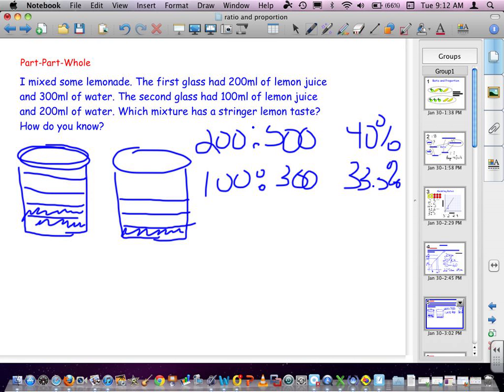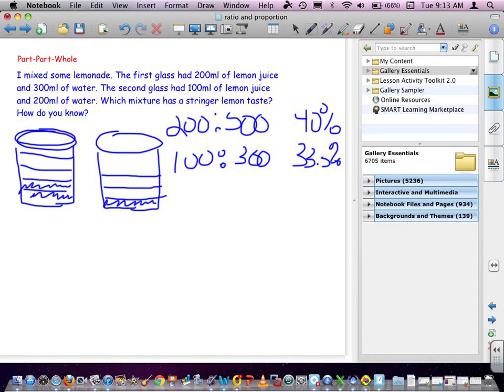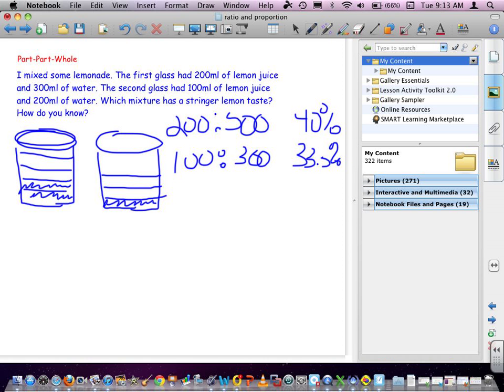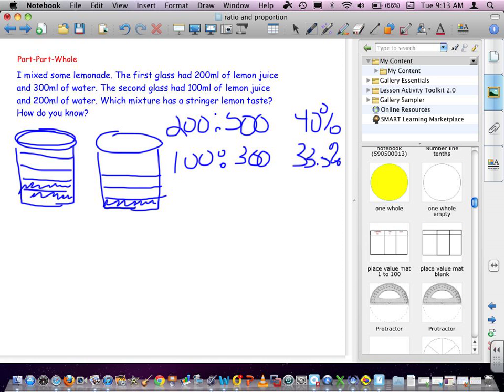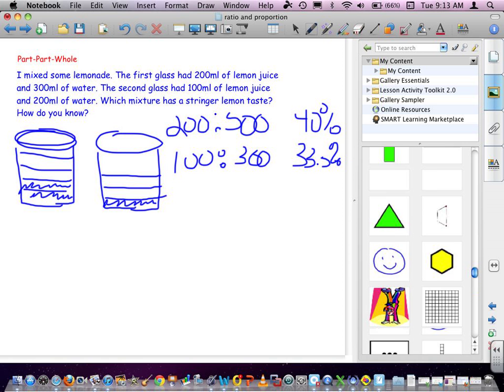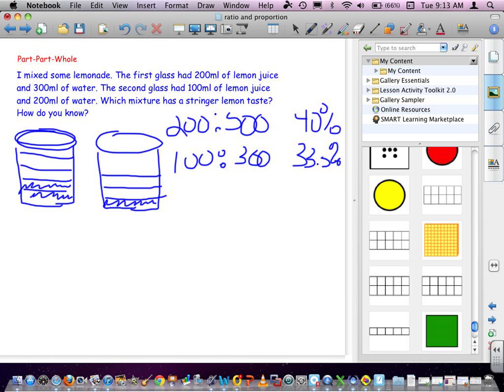To do with these things. Do it with counters. Okay, let's grab some counters. Okay, if we do it with the counters.